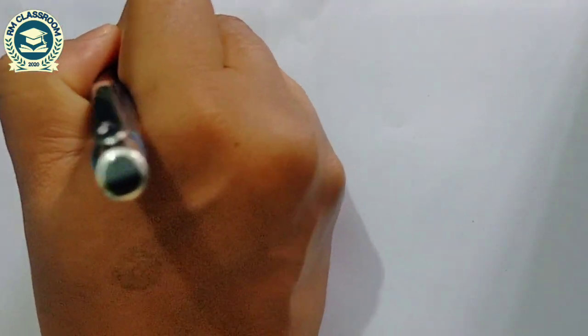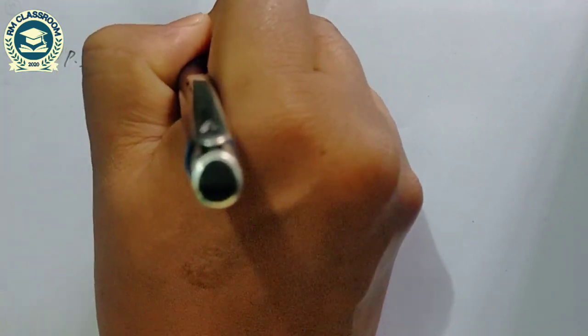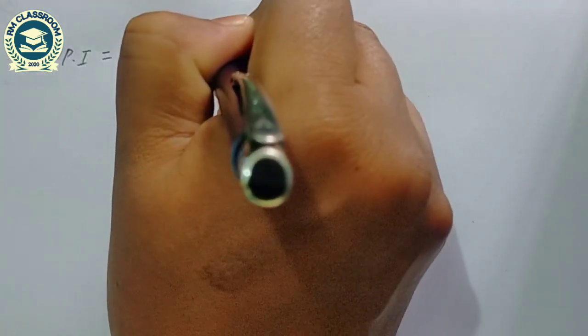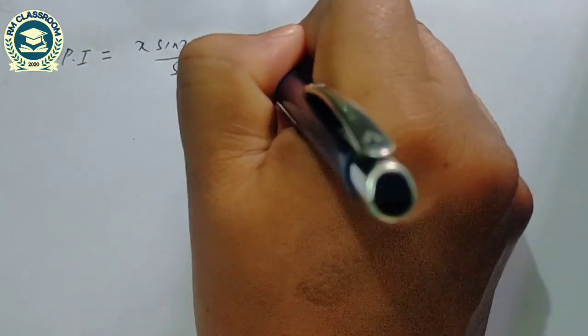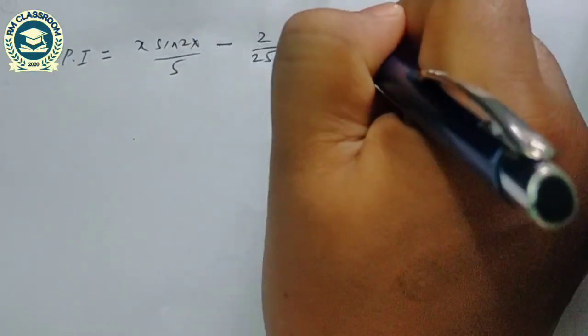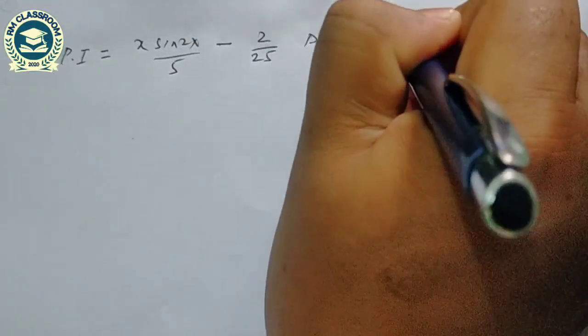So if I proceed, particular integral is equal to x sin 2x by 5 minus 2 by 25 d sin 2x.